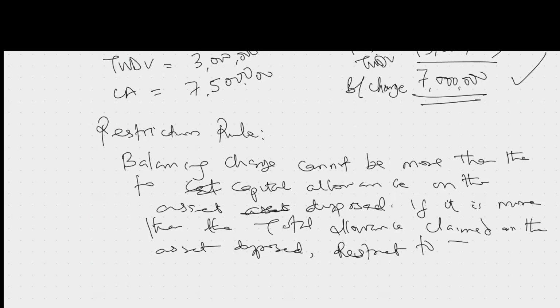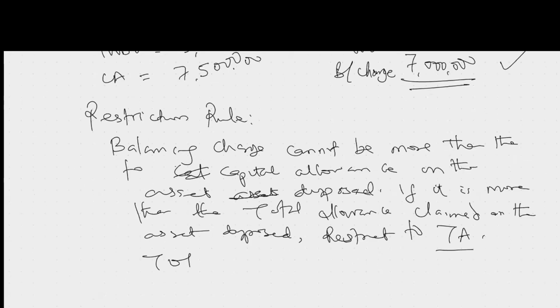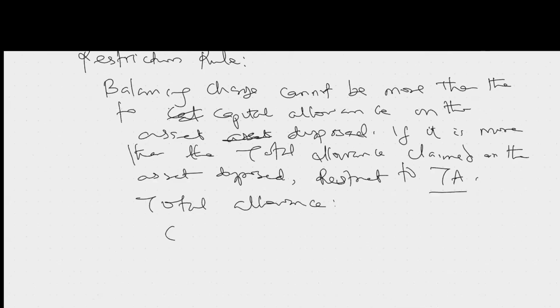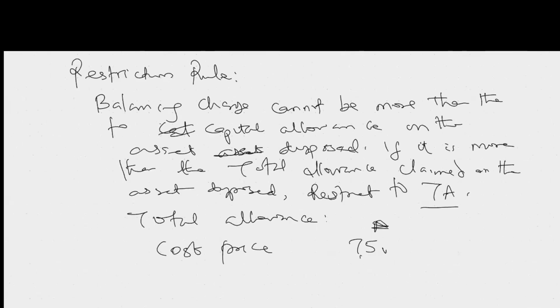So how do you calculate total allowance on assets disposed? Total allowance shall be your cost price, what's our cost price? 7.5 million, less taxable value at disposal, 3 million.